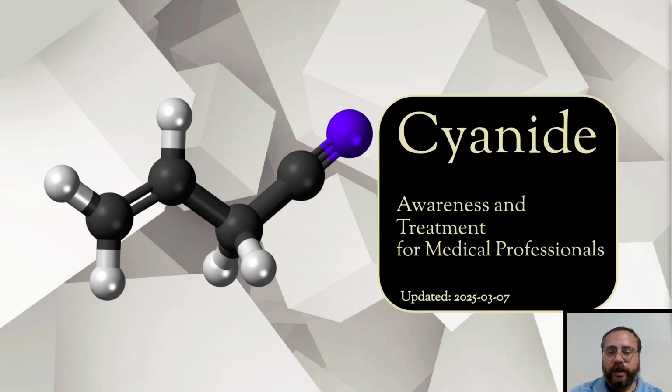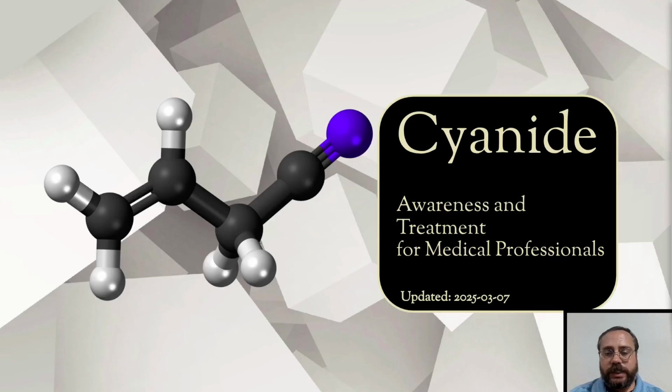The hydroxycobalamin, the cyano kit, is a superior kit in many ways. It doesn't mess with blood pressure, doesn't mess with oxygen carrying capacity. You can give it in a suspected scenario versus a confirmed scenario.